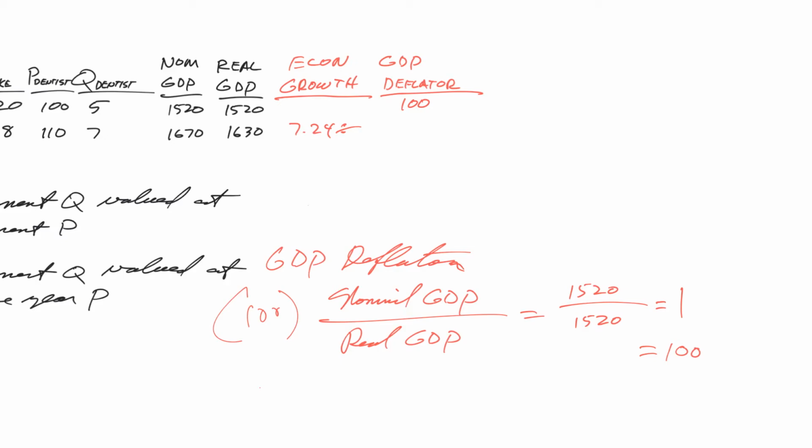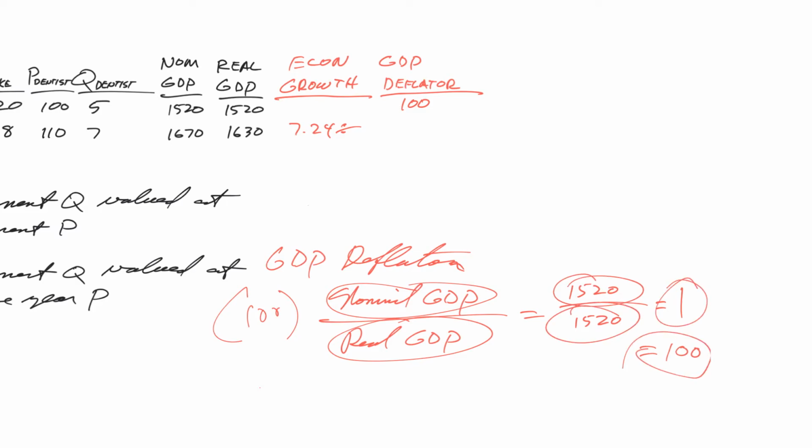In the base year, the deflator will always be 100 because nominal GDP and real GDP are the same in the base year. You're dividing a number by itself. It's always 1 times 100, which is 100.